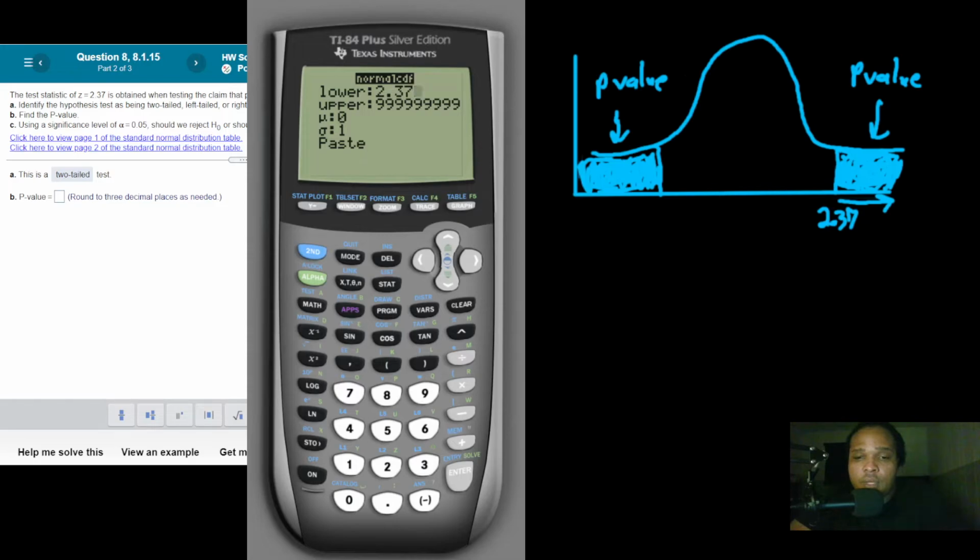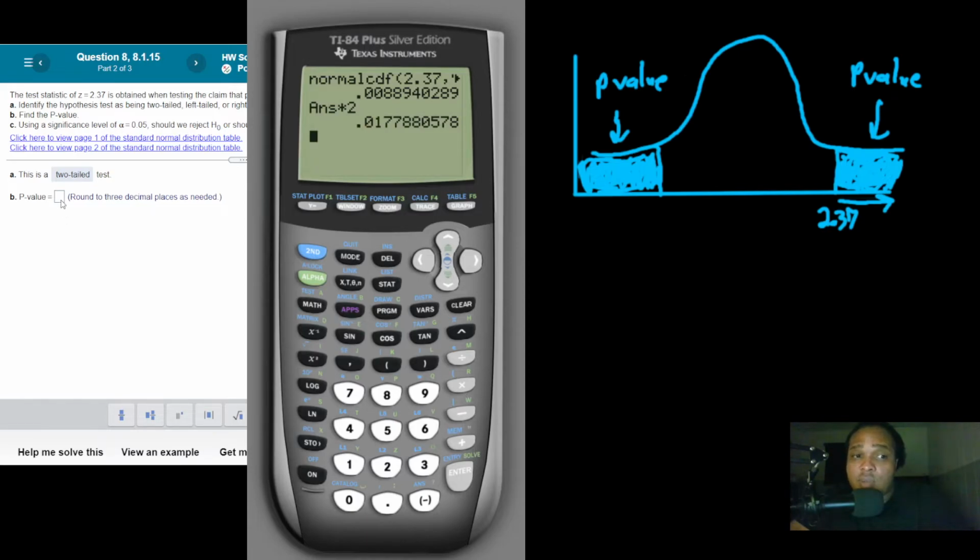So we're going to choose infinity again, which you can just put a bunch of 9s. Mean is 0, standard deviation is 1, hit enter. Now this is your p-value for just one of those shaded regions. But remember, this is a two-tailed test, so make absolute sure that you multiply your answer by 2. So now we have both shaded regions, and there it is.